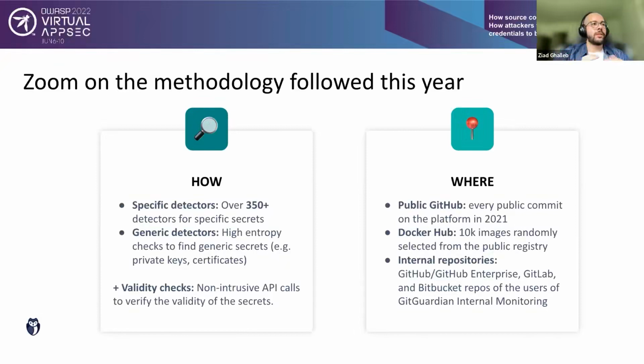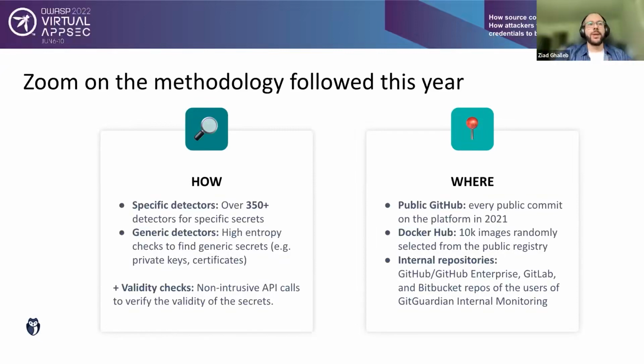And then there are generic detectors, which perform high entropy checks to find generic secrets in code. These can be private keys, certificates, or anything that cannot be directly tied to an external service. And we also perform some sorts of validity checks, which are non-intrusive API calls to verify the validity of these secrets before considering them as a true positive or not.